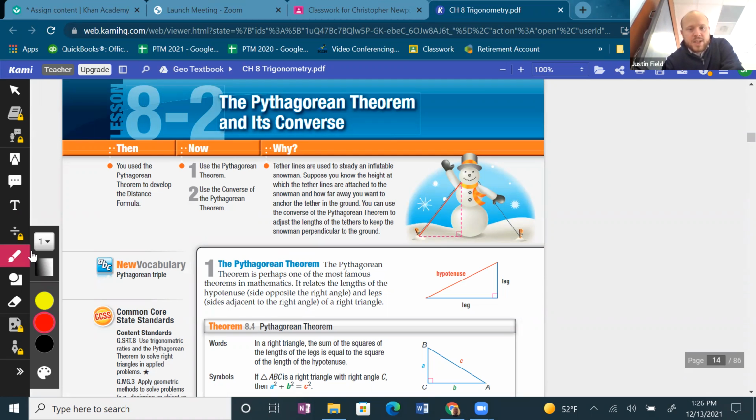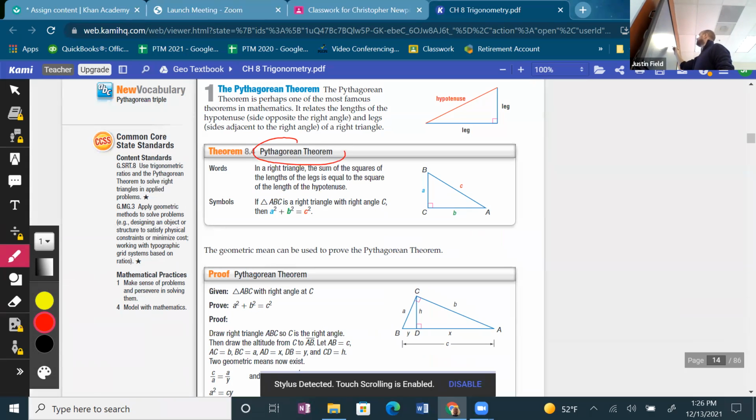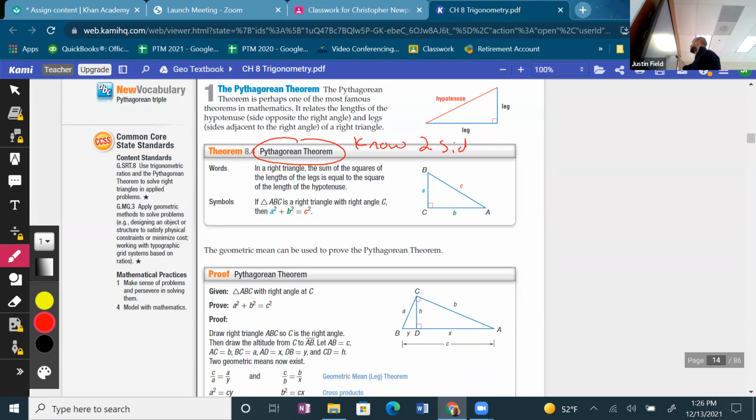All right, so I always like to say that with the Pythagorean theorem, we know two sides and need a third side. What we're going to really focus on here in high school geometry is SOHCAHTOA, where we only know one side, but we know the angles, and we can get two sides.